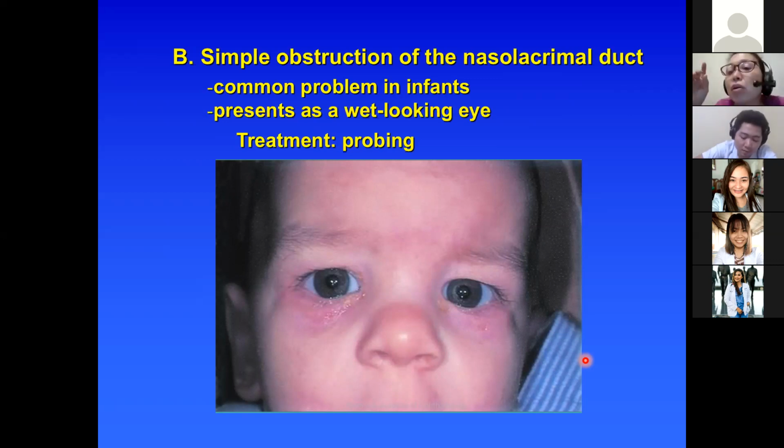Oftentimes it will open within the first month after the baby is born. But if there is tearing after a month, say the baby went home from the nursery okay, then comes back to you for follow-up, and this time there is tearing and discharges, that means the valve of Hasner is not yet open, so you have to do massage.